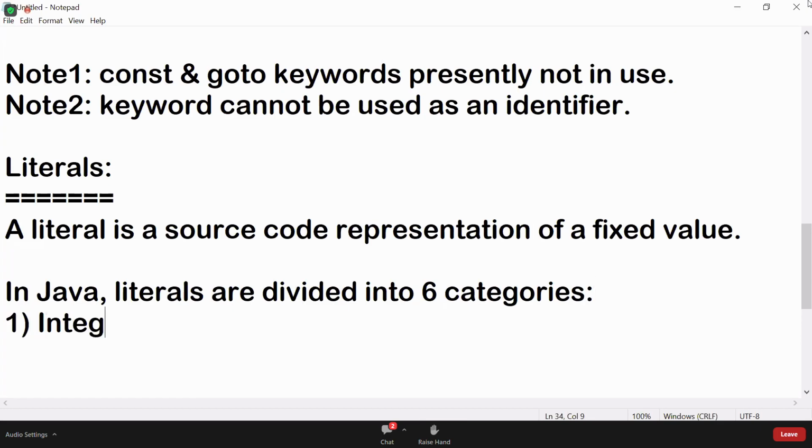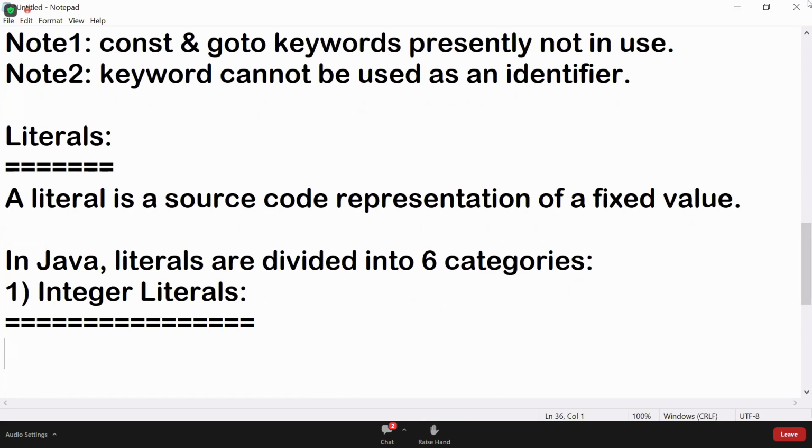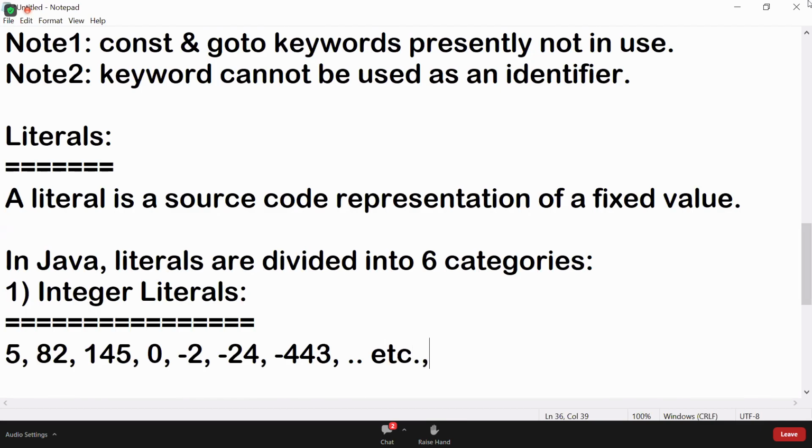First one, integer literals, nothing but numbers. Positive numbers, negative numbers, or zero are called integer literals.